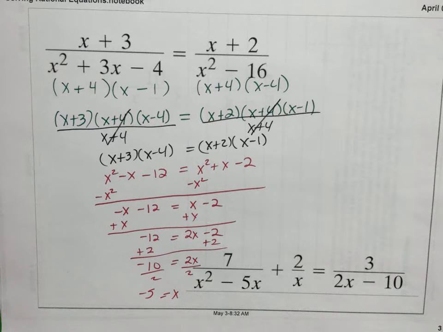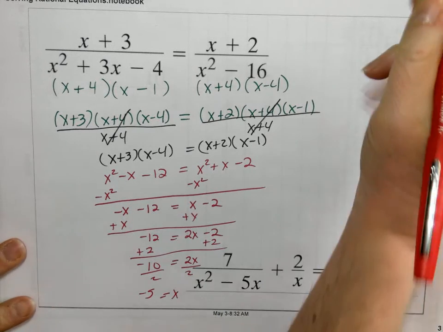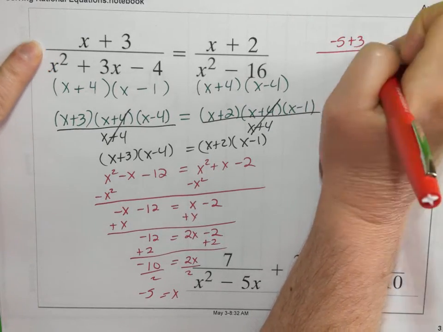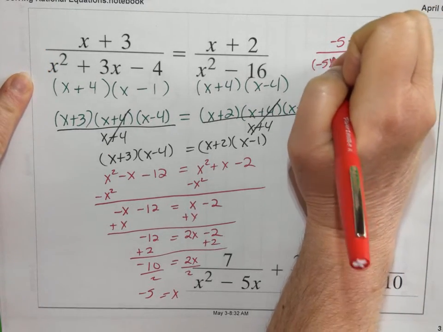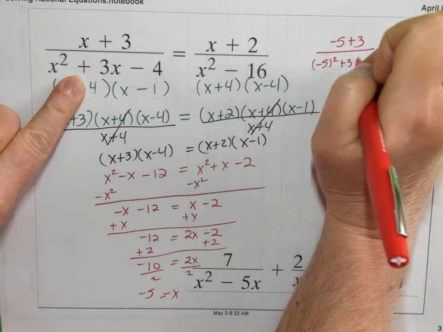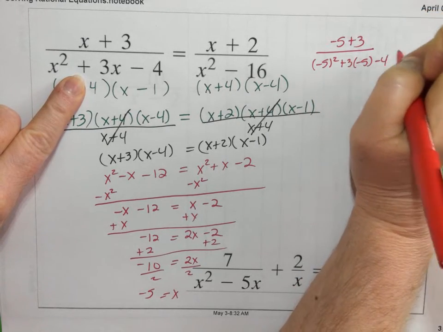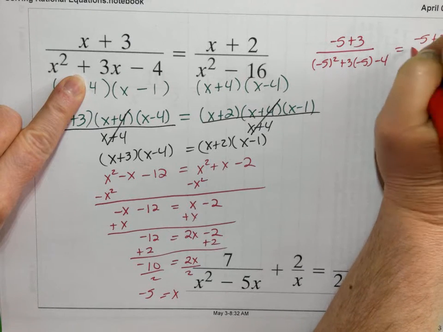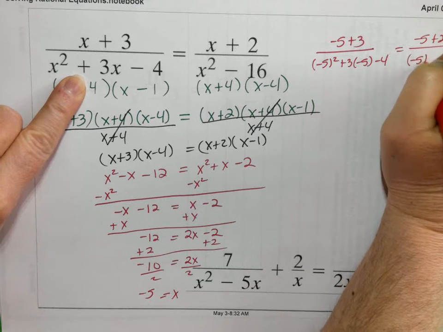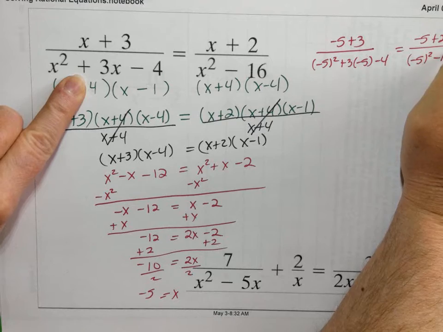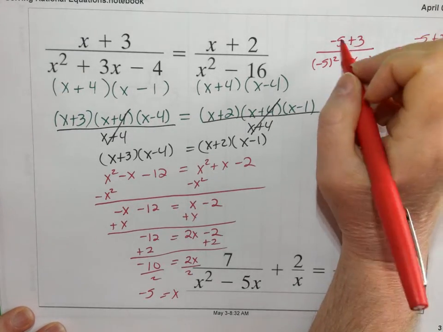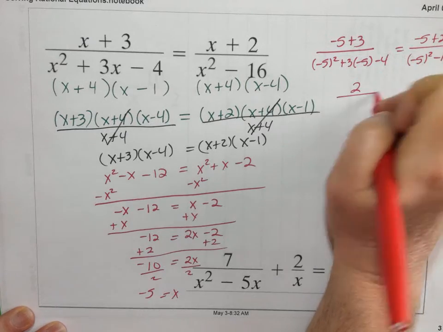If x is negative 5, does that make sense? Let's find out. Negative 5 plus 3 over negative 5 squared plus 3 times negative 5 minus 4. Is that equal to negative 5 plus 2 over negative 5 squared minus 16? It's going to take a little math here. Negative 5 plus 3 is negative 2.